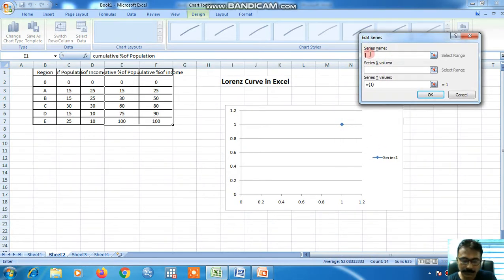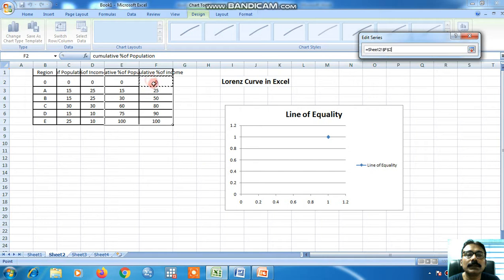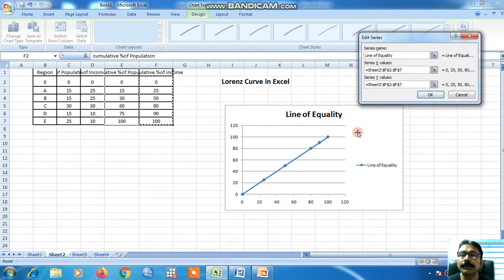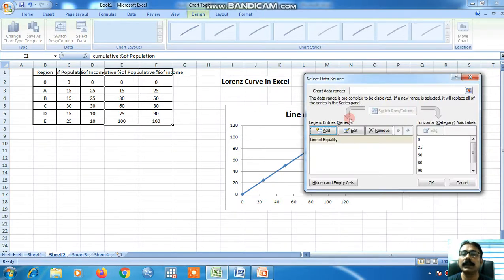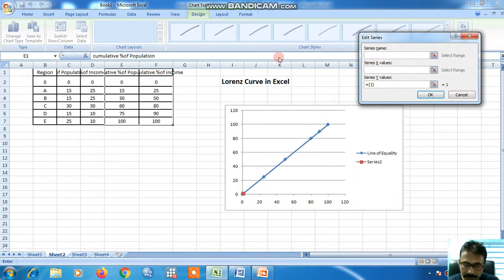First is the line of equality, the x series, x value, write this value. Similarly the series y value, we don't need this one, so I highlight the same value so that we will get the line of equality. Okay, this is the first task. Next, add again. Now this series name is Lorenz curve.